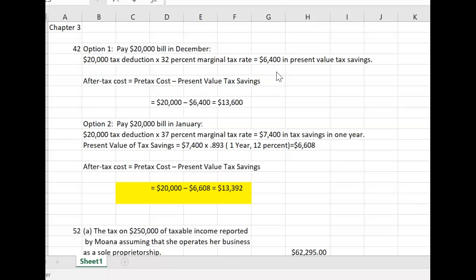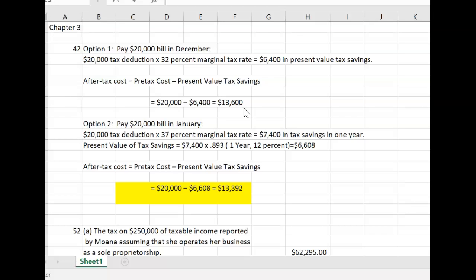So what is the after-tax cost to Reese? It would be the $20,000 less the tax savings of $6,400 calculated above, which means her after-tax cost would be $13,600.